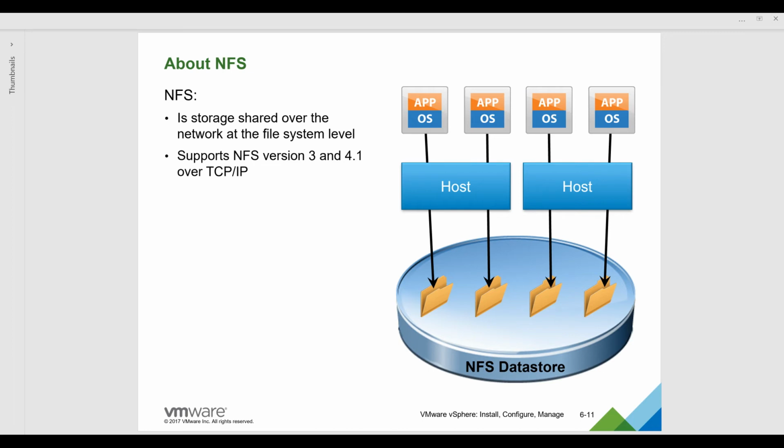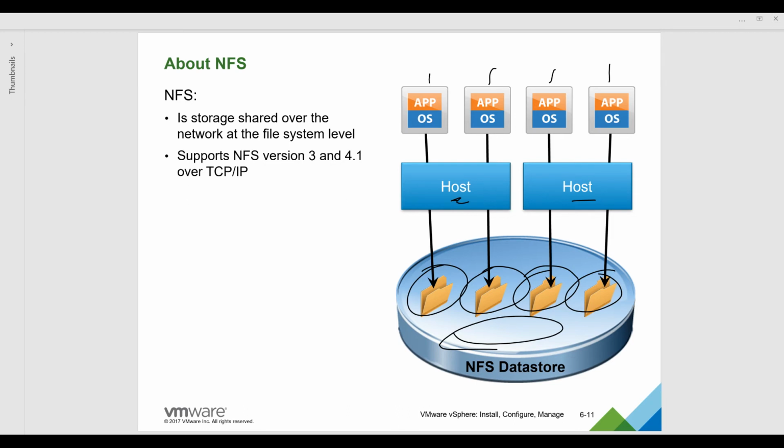That NAS device is your storage device that connects to the network and provides file access services to these ESXi hosts. So this is your NAS device that hosts your files and folders for each virtual machine here.